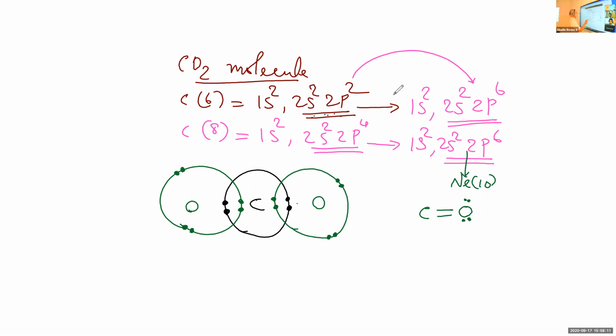Similarly, on the left side of carbon also there are two pairs of electrons, so there will be the formation of a double bond here. The structure of a carbon dioxide molecule is like this. So there are two double bonds between carbon and oxygen atoms.